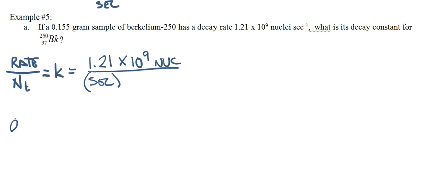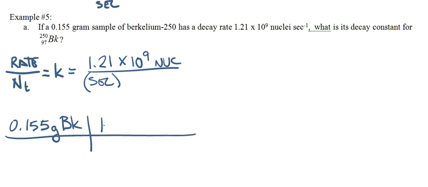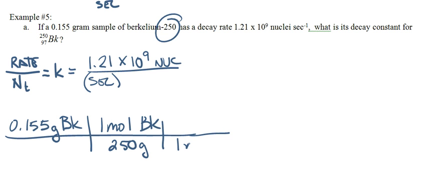So we'll, again, start with grams of berkelium. So we need to convert that to moles. So 1 mole of berkelium, and that's berkelium 250. So we have to use that mass. So you don't need a periodic table for this one. And then 1 mole of berkelium 250, you have Avogadro's number again. And that is the number of nuclei.